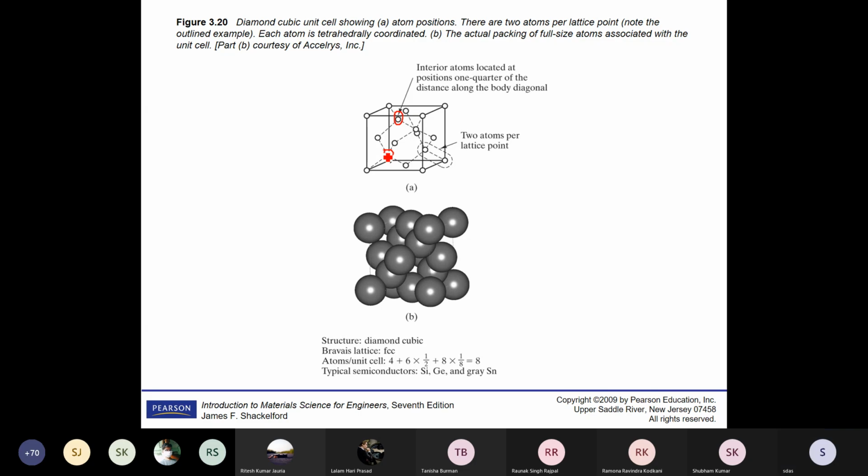They are at a position 1/4 of the length of the distance along the body diagonal. Along the body diagonal, 1/4 distance from the corner, there is another carbon atom. So essentially, you have a pair of carbon atoms assigned to each corner position as well as face-centered position of this unit cell.